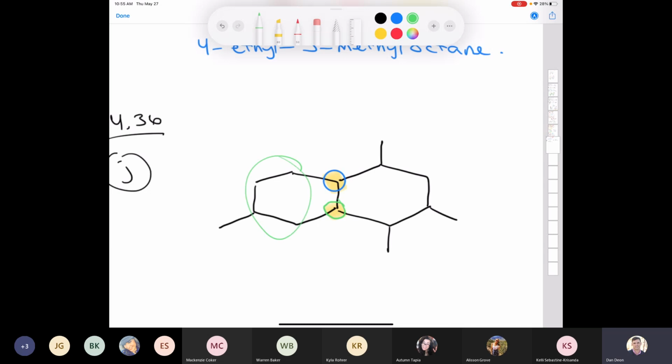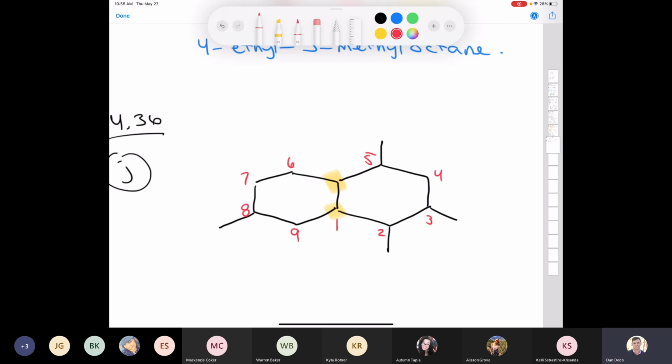Because since both of these bridges have 4 carbons, I can start going either way, but I want to start on the green carbon, right? I want to start numbering down here so that I can give the substituent the lowest possible number. Now, if I go 1, 2, 3, like this, like that.